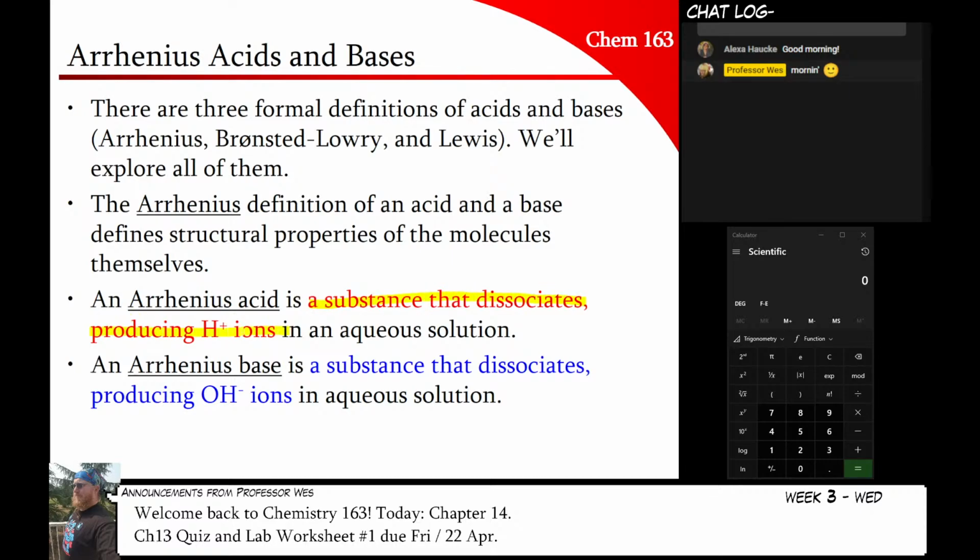One of those pieces is H+. So for example, if I had HCl, it would dissociate into 2 pieces, one of which is H+, and we don't really care about the other part. There's the acid part right there.